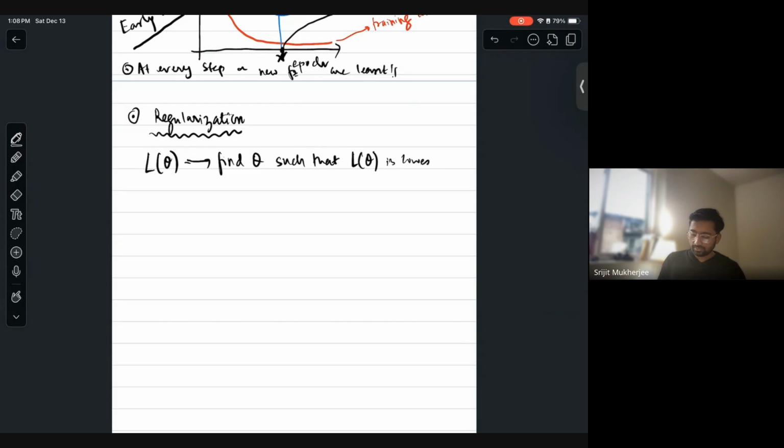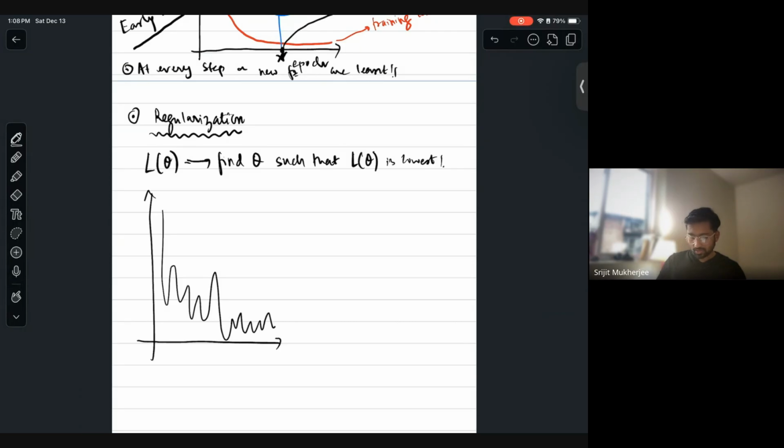That's what you found. But in deep learning, the loss function is something like this. This is the loss function. It's very non-convex, so it's very hard to learn.